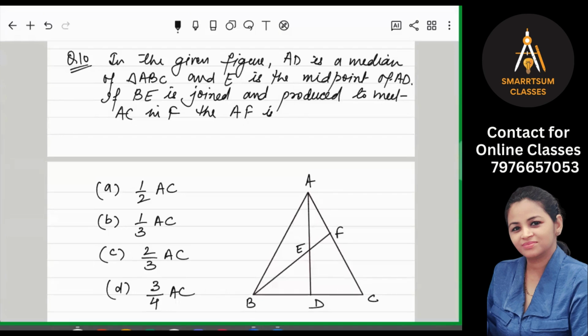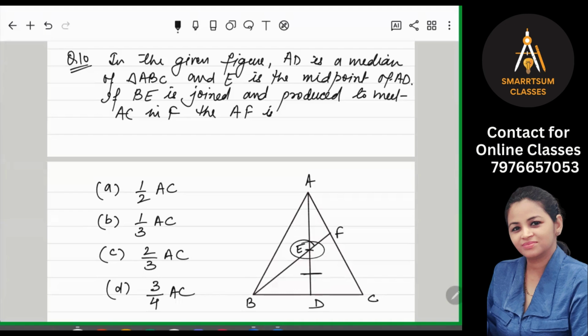Now look at this next question, question number 10. In the given figure, as you can see, ABC is a triangle. AD is the median of this triangle ABC, right? So this line AD is the median of the triangle ABC, and this point E is the midpoint of the median AD.